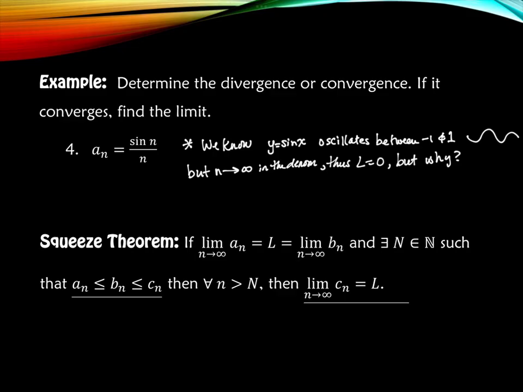It says, if the limit as n goes to infinity of a sub n is L, and it's equal to the limit of b sub n, and there exists an n such that a sub n is less than or equal to b sub n is less than or equal to c sub n, then the limit as n goes to infinity of c sub n is L. And I'm going to show you how that works on that previous problem, essentially. Okay?